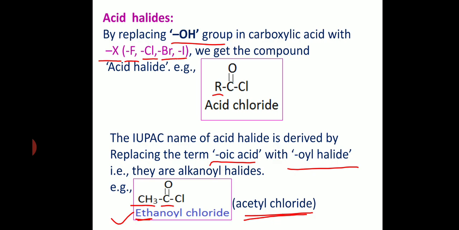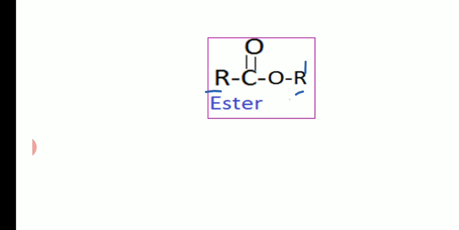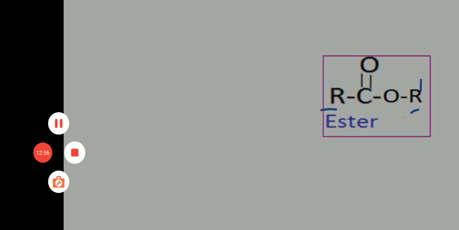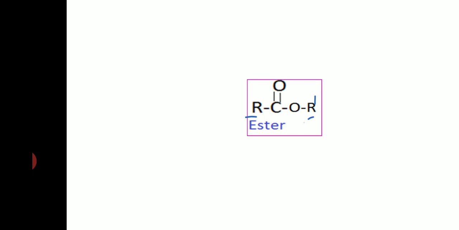Now after acid halides, we shall see esters. RCOOR, ester. Sometimes we write RCOOR' also, to differentiate the two R's if both are different alkyl groups. Now what are esters? How are they derived?